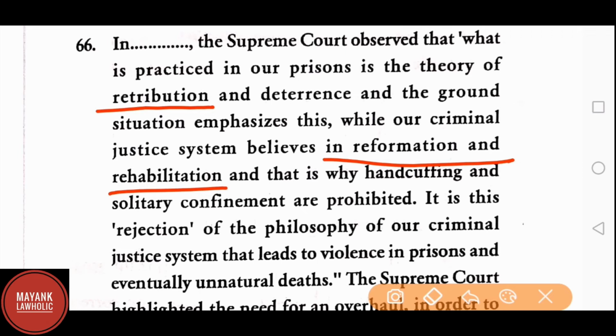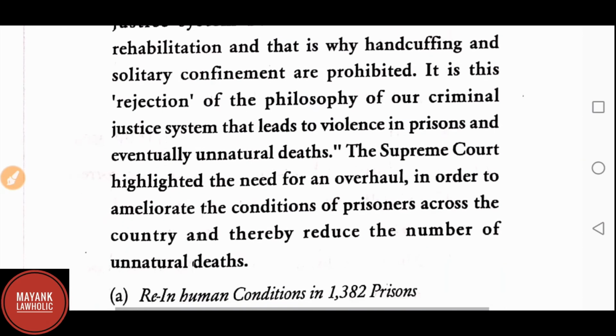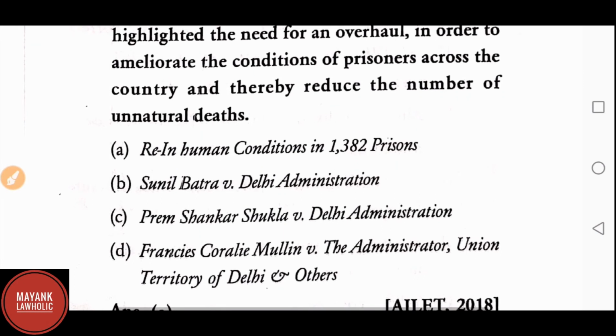It is this rejection of the philosophy of our criminal justice system that leads to violence in prisons and eventually unnatural deaths. The Supreme Court highlighted the need for an overhaul in order to ameliorate the conditions of prisoners across the country and thereby reduce the number of unnatural deaths.